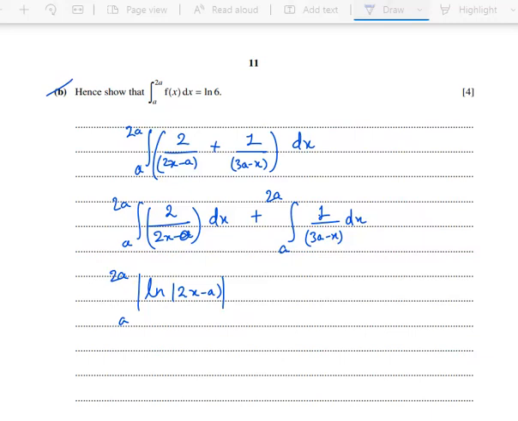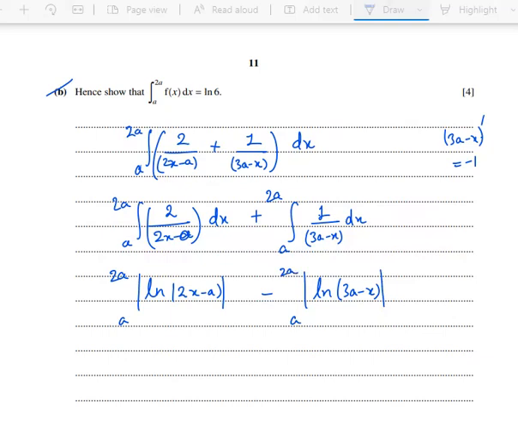So if I differentiate the denominator, the derivative of 3a minus x is minus 1. But in the numerator, we have 1. So we'll multiply with minus 1. The derivative of 3a minus x is minus 1, right? So minus 1 will come here and then the answer will become ln of 3a minus x under the limits a to 2a.